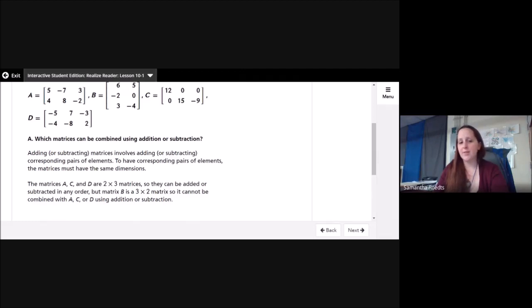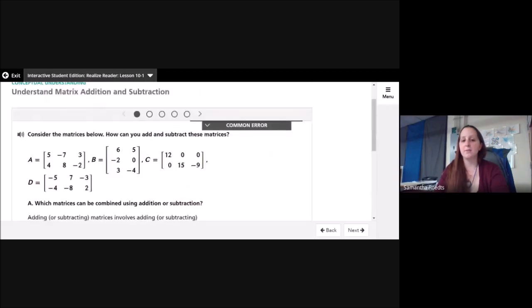To have corresponding pairs of elements, the matrices must have the same dimensions. A, C, and D are all 2 by 3 matrices, so 2 rows by 3 columns. So they can be added or subtracted in any order. But matrix B is a 3 by 2 matrix, so it cannot be combined with A, C, or D using addition or subtraction.